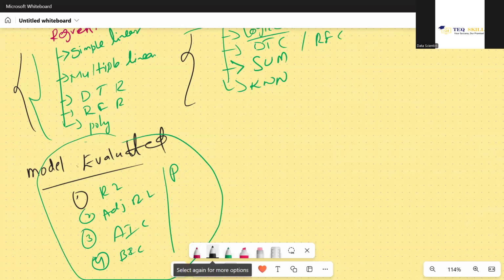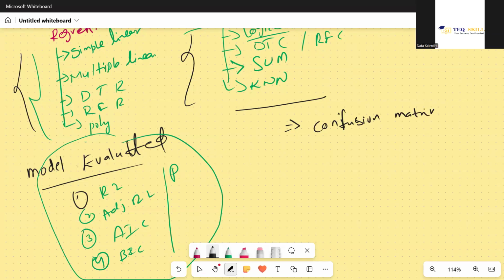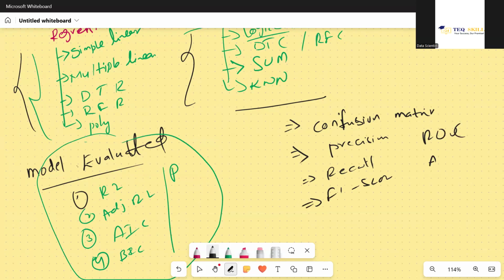Coming to classification, there also we have various metrics. The first one is the confusion matrix. Once you know the confusion matrix, we can start getting precision, recall, and F1 score, and ROC, AUC.